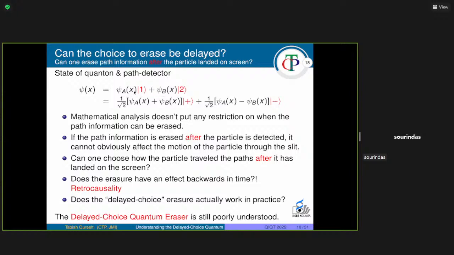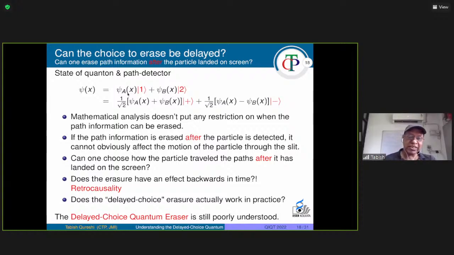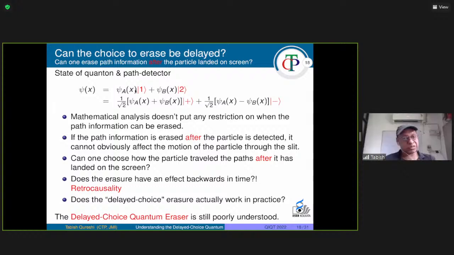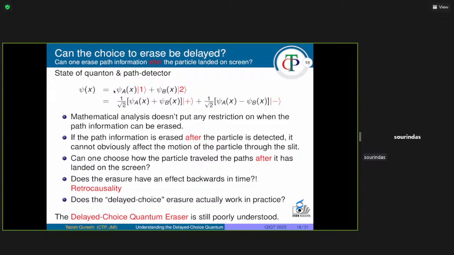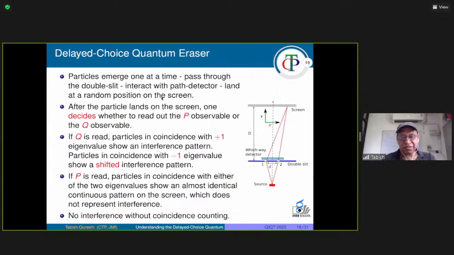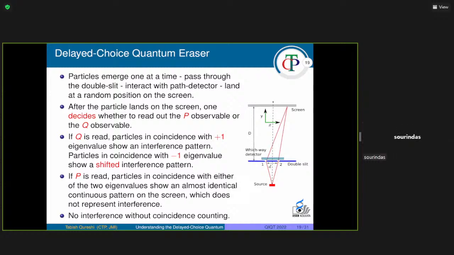But since both of them undergo the same unitary evolution, they will continue to remain orthogonal. So psi A and psi B, even when they physically overlap, will still be orthogonal. If you take the inner product of these two, it will still give you 0. I hope that answers the question.